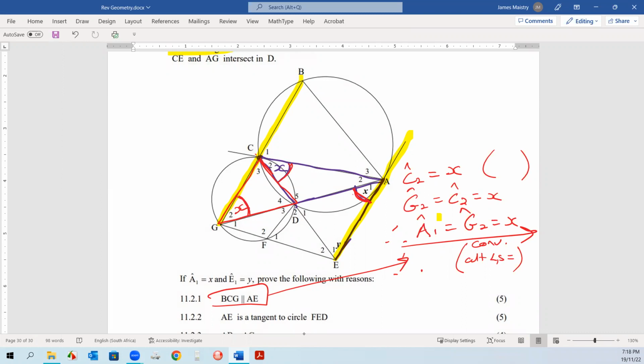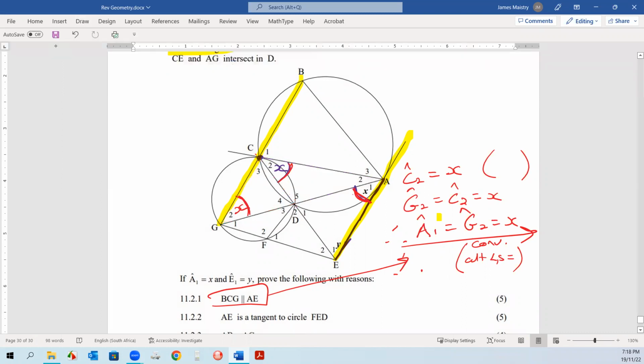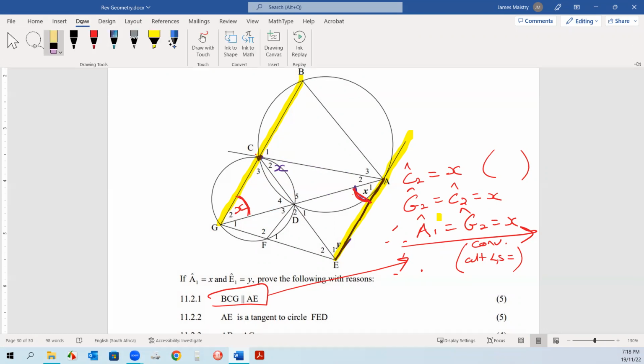Next question, we've got to prove that AE is a tangent to circle FED. So what you've got to do in an exam, we want to highlight FED. That's what I want to start off by doing, so I know what I'm proving.